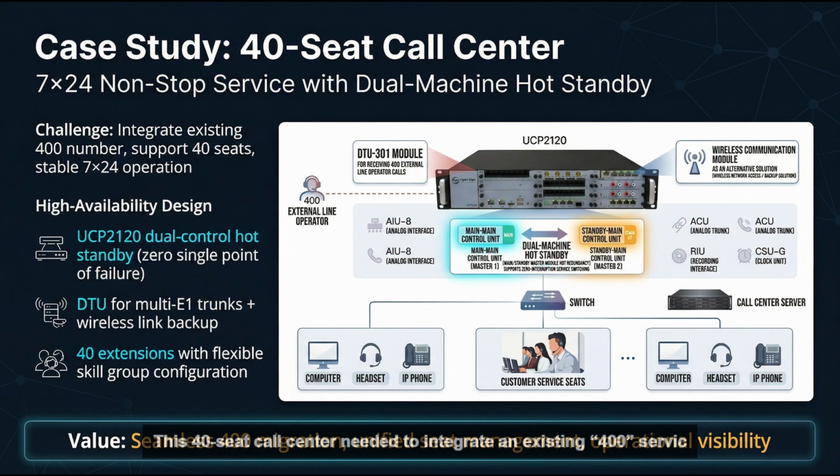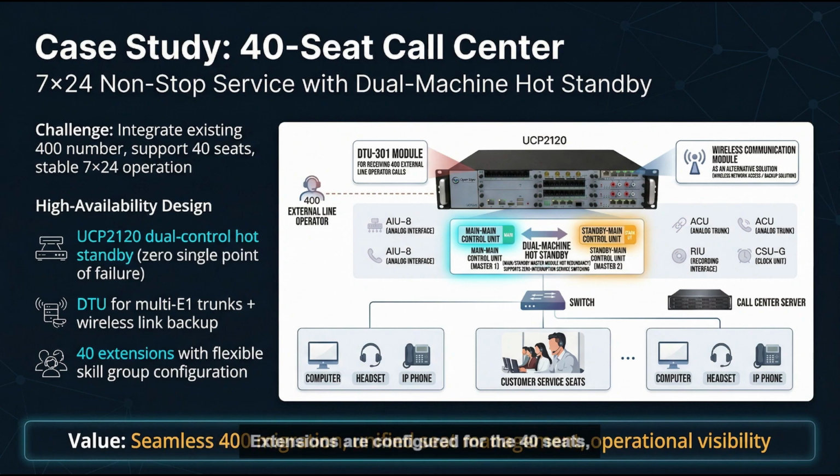This 40-seat call center needed to integrate an existing 400 service number, support 40 agent seats, and run continuously with stable operations. The design uses UCP2120 with dual-control hot standby to remove single points of failure. DTU provides multi-E1 trunk capacity, and wireless connectivity is added as a backup path.